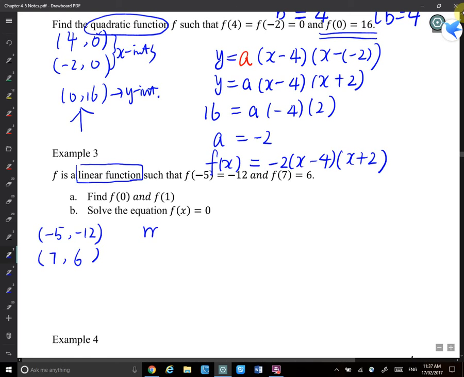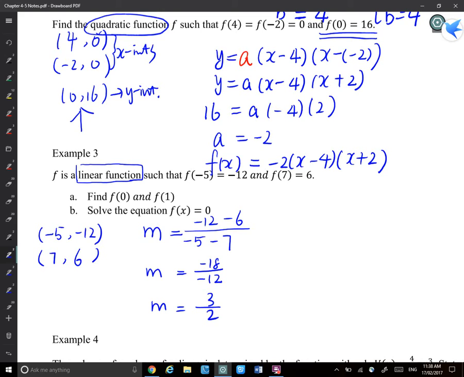So m equals -12 minus 6 over -5 minus 7. m equals -18 over -12. Divided by 6, it's 3 over 2. Okay, do we know the y-intercept here?